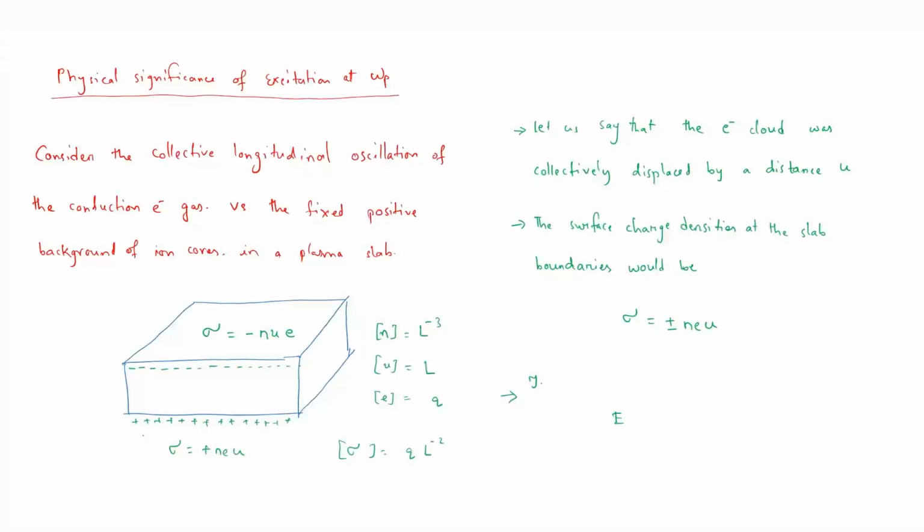So this surface charge density establishes a homogeneous electric field of magnitude E equal to sigma upon epsilon naught. It is nothing but n e u upon epsilon naught.